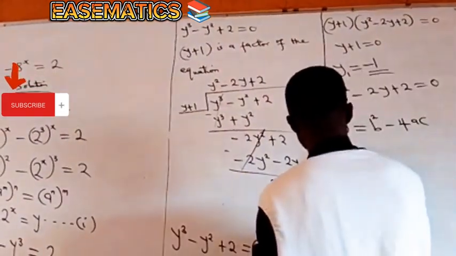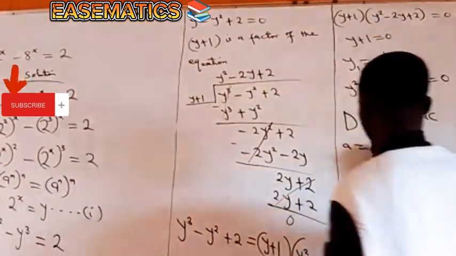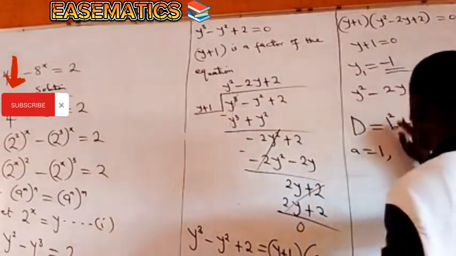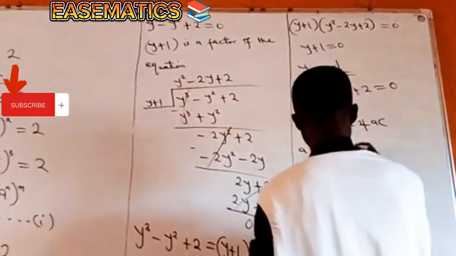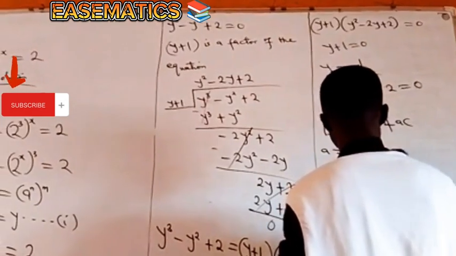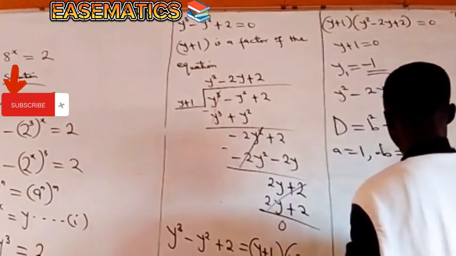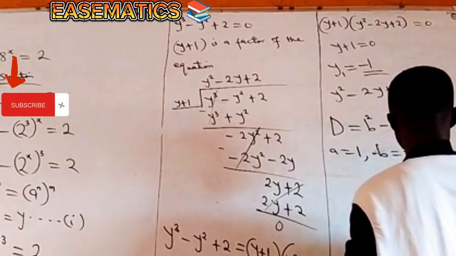Here our a is the coefficient of y squared, which is 1. Our b is the coefficient of y, which is minus 2, and c is plus 2.